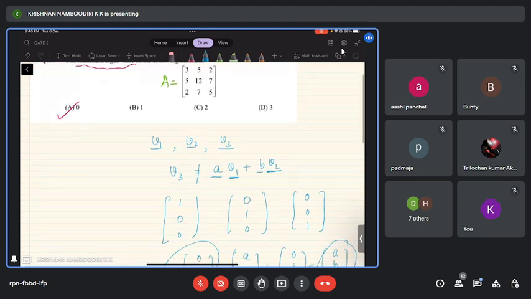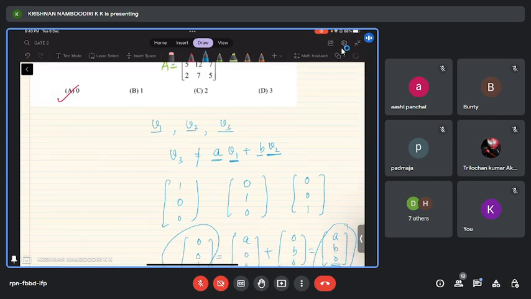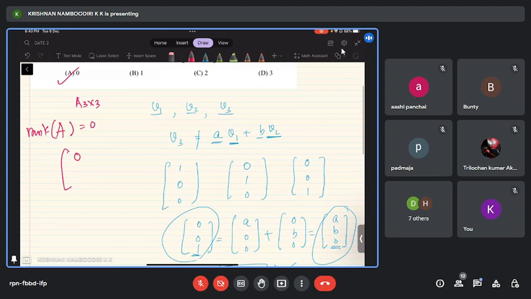Suppose in a 3 by 3 matrix, again I will give some examples. A is a matrix. Suppose rank of A is 0, and A is 3 by 3. Rank of A is 0 means very simple: all the entries are 0.